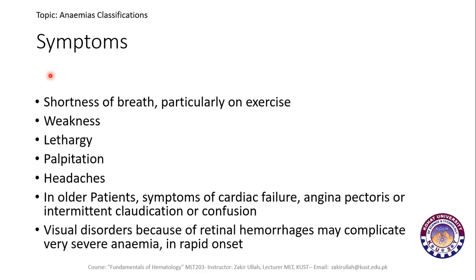In certain cases, visual disorders because of retinal hemorrhage may complicate very severe anemia, usually of rapid onset. Chronic anemia is also complicated by disturbances in eyesight.